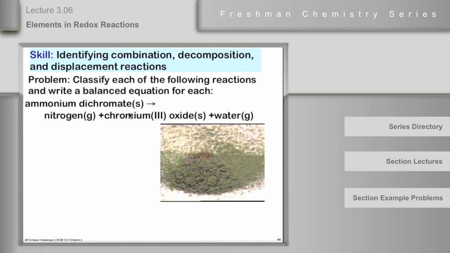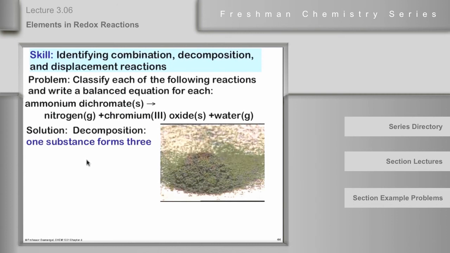Okay, so the green solid is chromium-3 oxide, and you could see it sort of bubbling up there from the gas that's produced, which is partly water vapor and partly nitrogen. Now, we used to always do this little decomposition reaction until we got 2 reports of students being hurt when it exploded.